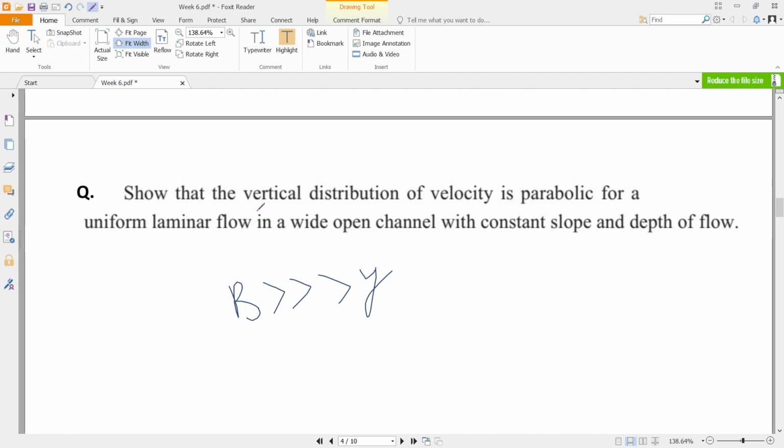So you have to show that the vertical velocity distribution is parabolic. Okay, it follows a parabolic distribution. The vertical velocity follows a parabolic distribution for uniform laminar flow in a wide open channel whose bed slope is constant and depth of flow is also constant. So if the depth of flow is constant, that itself is coming from the word uniform. Okay, and there is a constant slope.